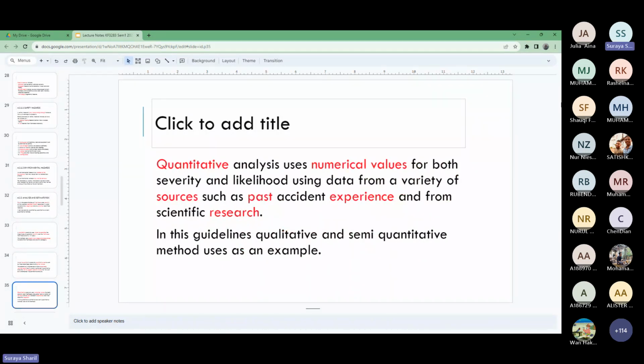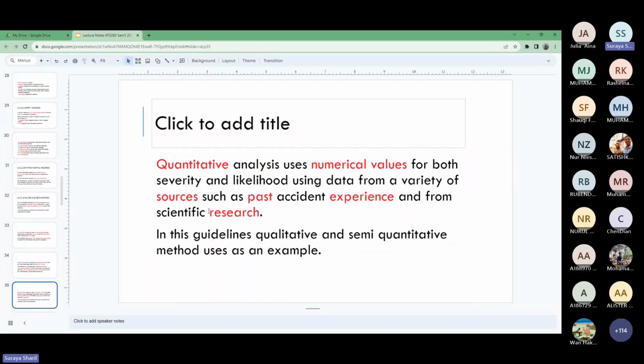And quantitative analysis uses numerical values for both severity and likelihood, using data from a variety of sources such as past accident experience and from scientific research. For example, the number of accidents, once a month, or 3 times a year, something like that.